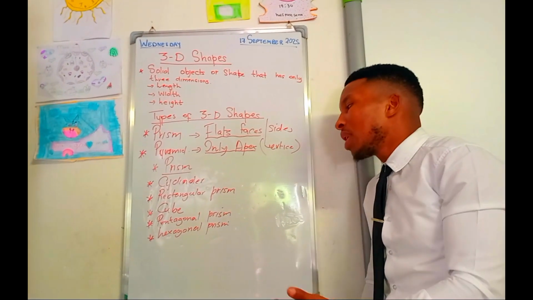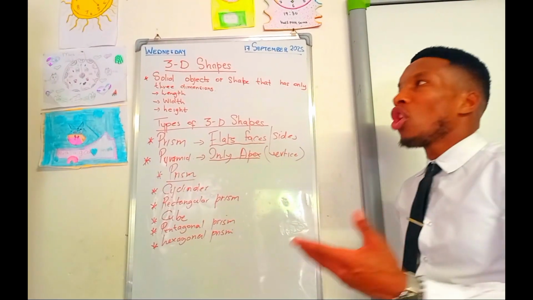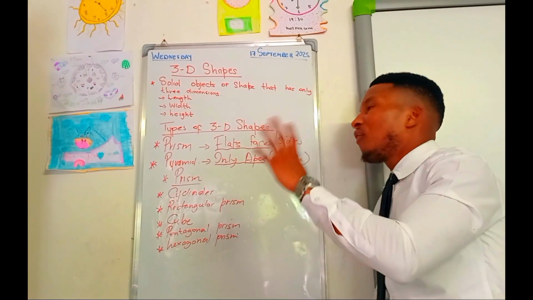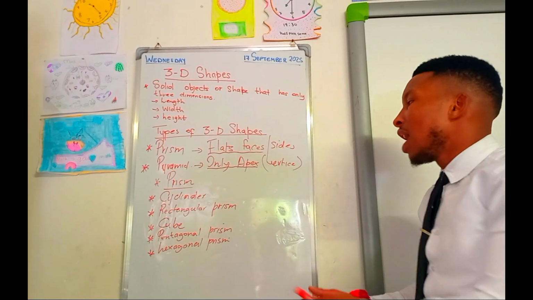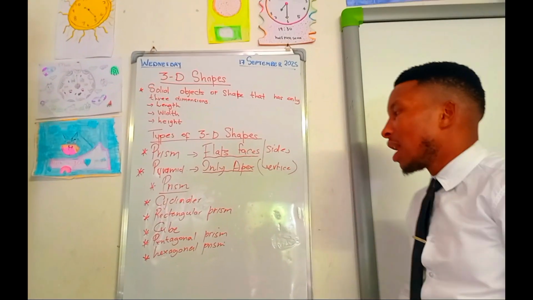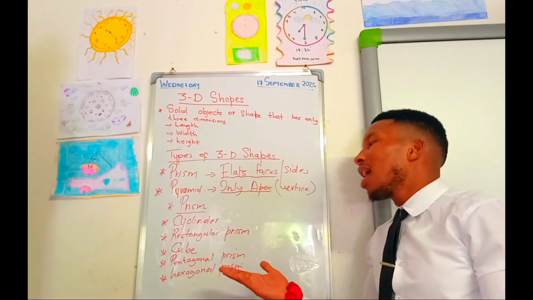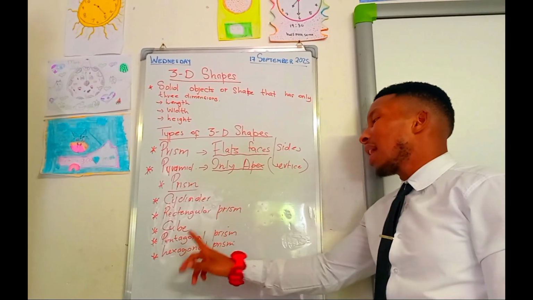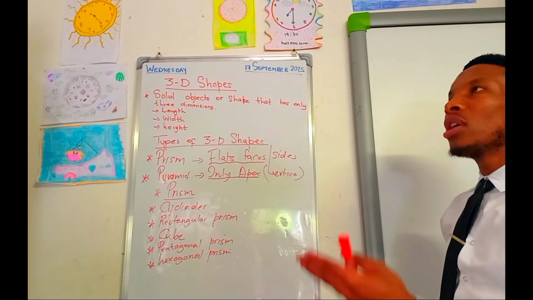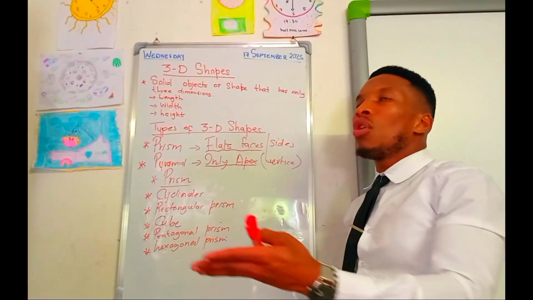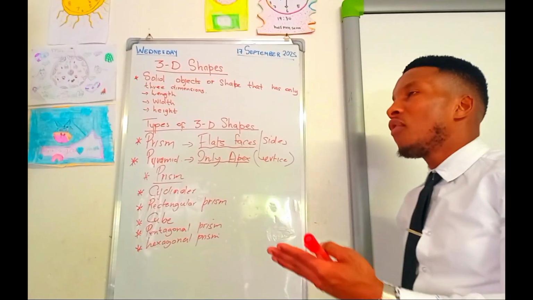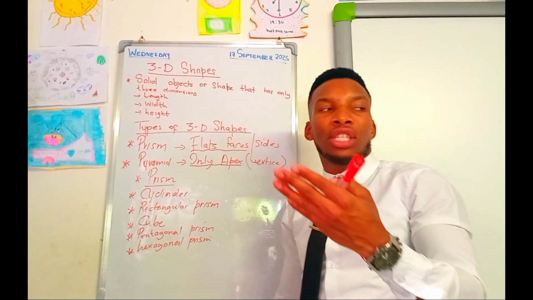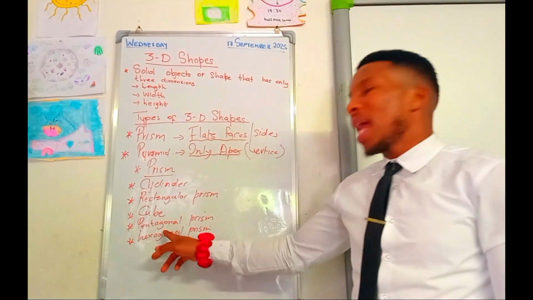Sometimes we name the prism by looking at the base or the face. As you know, the rectangular prism has rectangles, all the faces are rectangles. Then we say it's a pentagonal prism because it has a base that contains 5 sides. We remember that a shape that has 5 sides is called a pentagon.